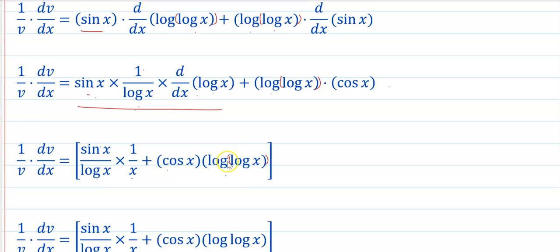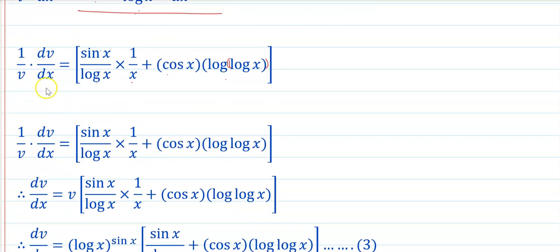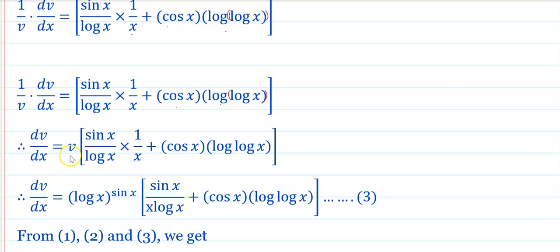And hence 1 upon v into dv by dx is equal to sin of x upon log of x into 1 upon x plus cos of x into log of log x. Therefore, dv by dx is equal to v times sin of x upon log of x into 1 upon x plus cos of x log of log x.